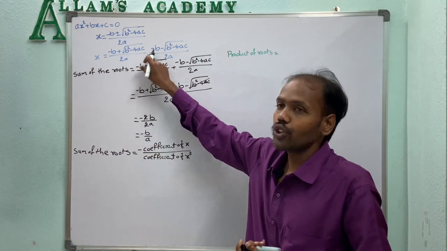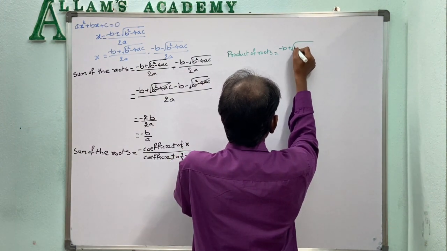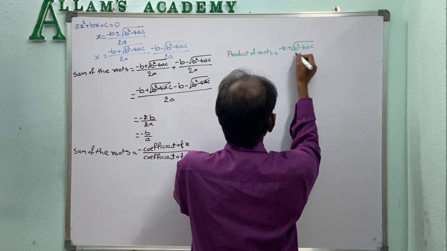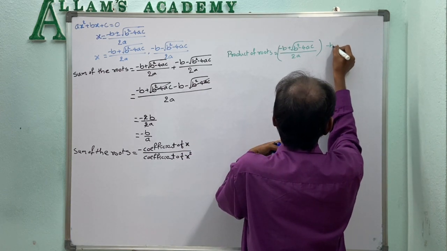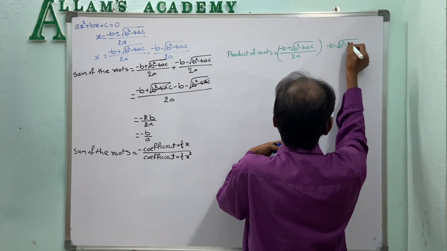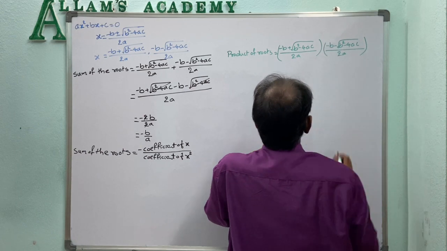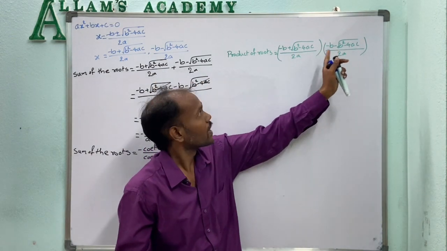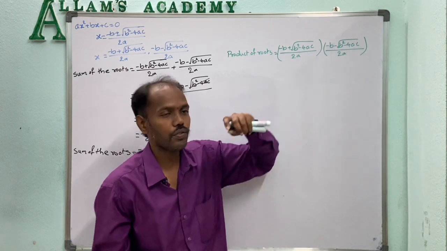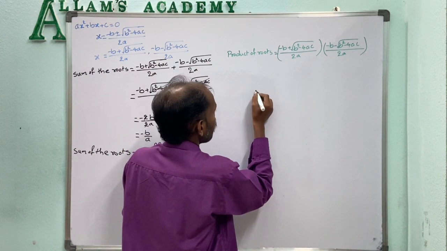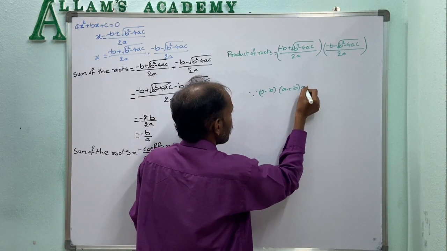Now the product of roots. We multiply the two values: minus b plus under root b square minus 4ac by 2a, into minus b minus under root b square minus 4ac by 2a. Observing the numerator, it is in the form of a minus b into a plus b, which is a square minus b square.